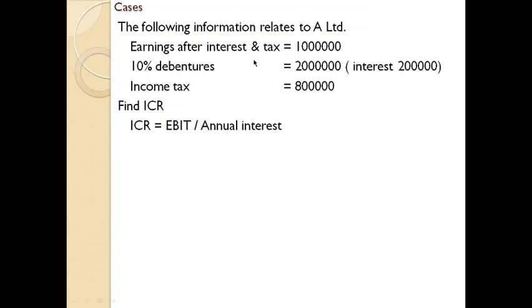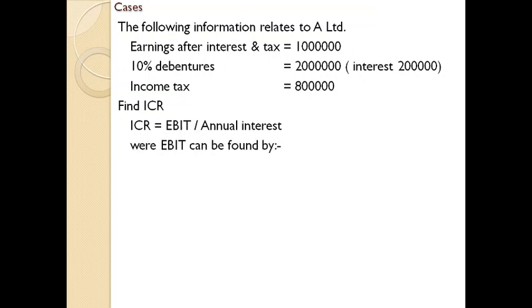That means you arrived at this 10 lakhs by deducting some items and adding some items. So to get earnings before interest and tax, you need to add back what you have deducted, and deduct what you have added as per the income statement. So let's see how we deal with that.